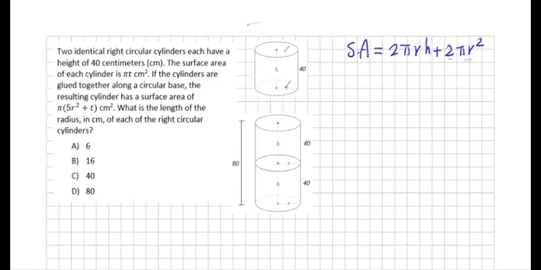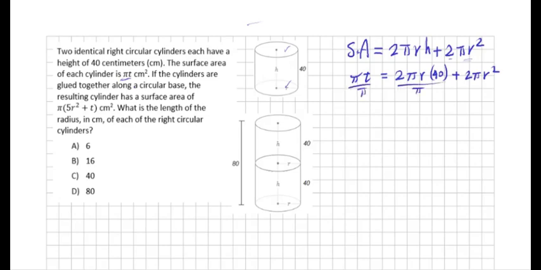We can replace the surface area of this cylinder by pi t, because it says the surface area of each cylinder alone is pi t. So pi t equals 2 pi r multiplied by h, and h here is 40, plus 2 pi r squared. We can divide by pi on both sides.